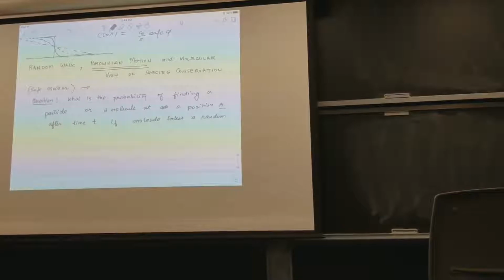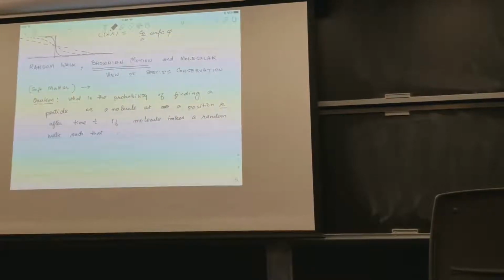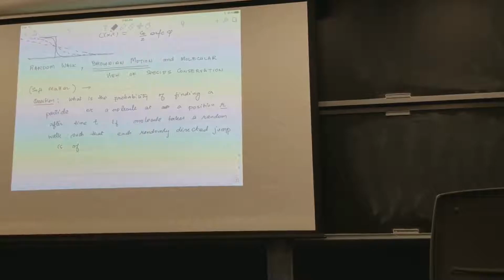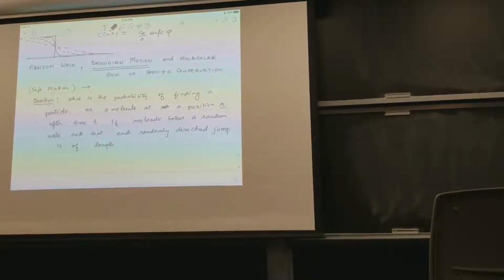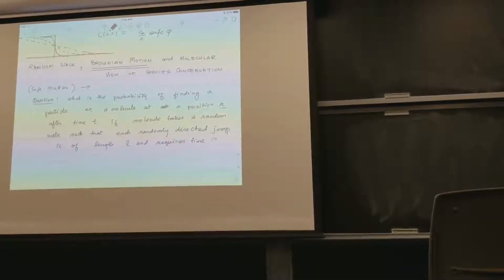Random walk means it's a walk without memory of where it has been before, such that each randomly directed jump is of length L and requires time tau.